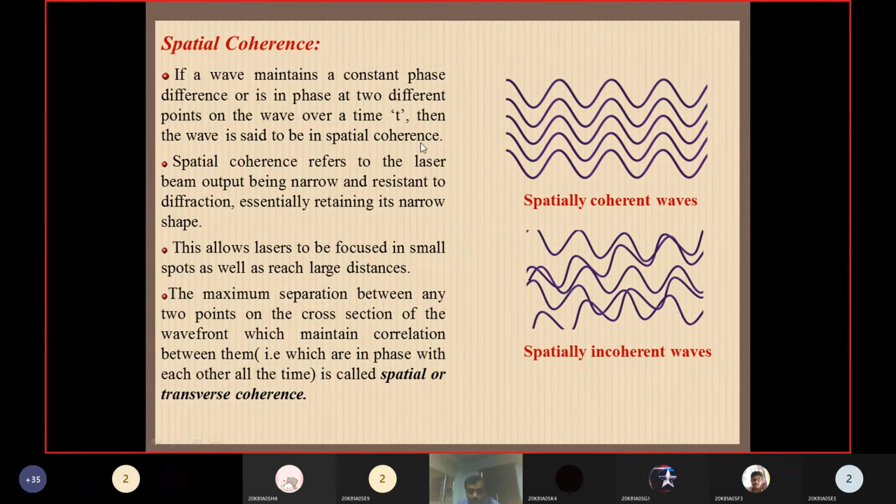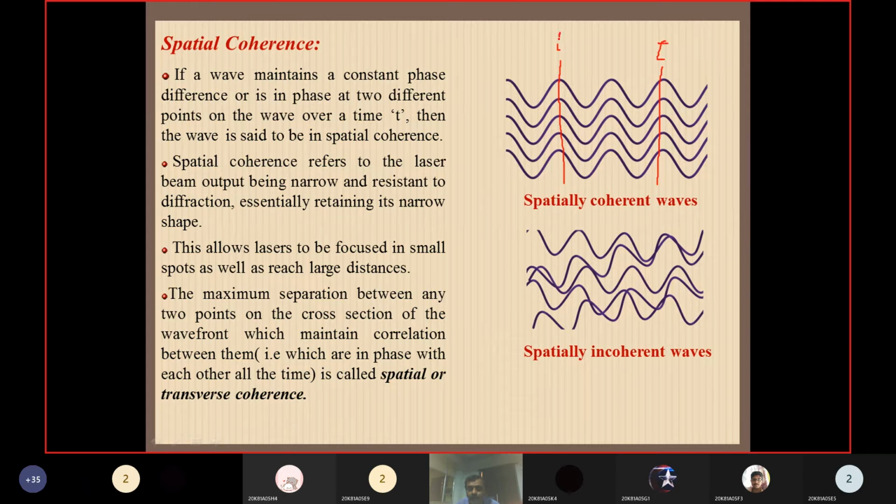Okay, see here, at a constant time, that means at a particular time. Now I am taking two points, this point and another point. Just now it is time t, and here also time t.